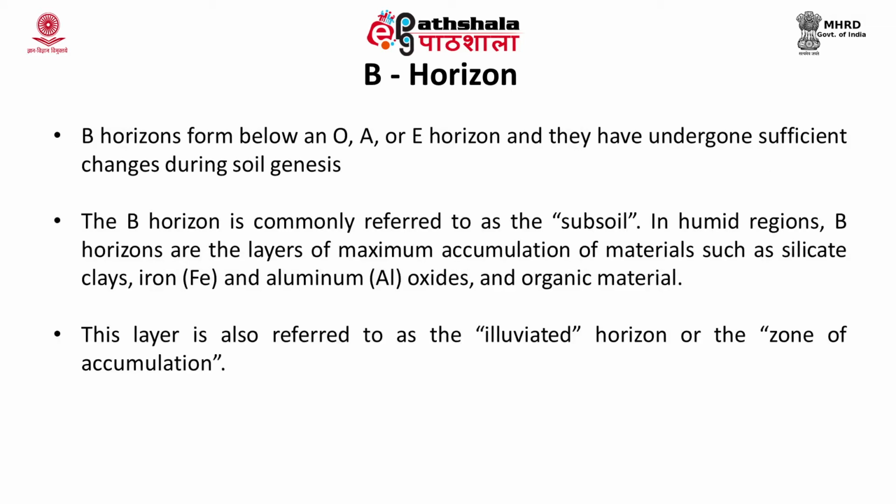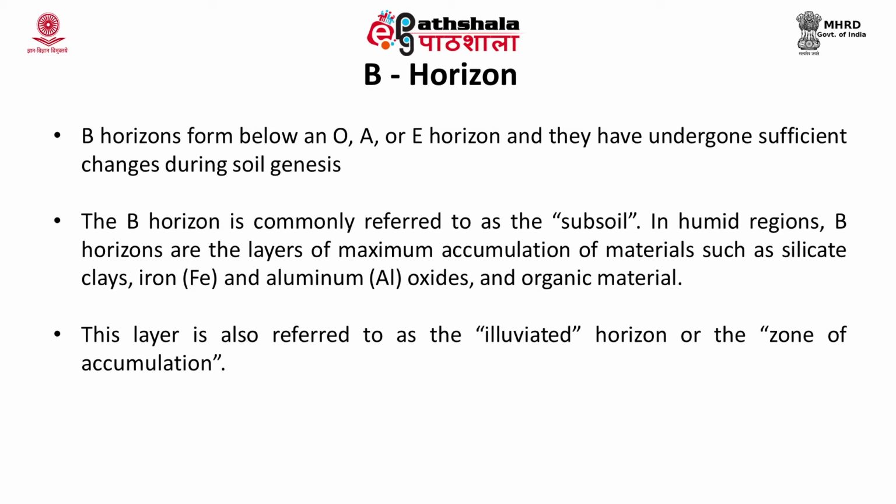B horizons form below an O, A or E horizon, and they have undergone sufficient changes during soil genesis such that the properties of their original parent material are no longer discernible. The B horizon is commonly referred to as the subsoil.